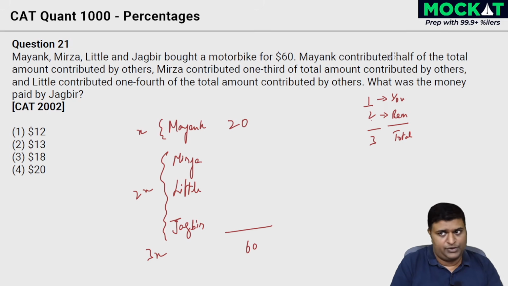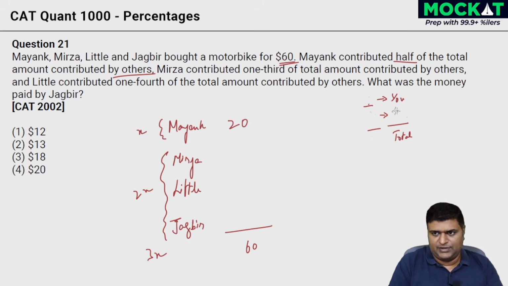Mayank contributed half of the total amount contributed by others. If others contributed 2 parts, Mayank contributed 1 part, the total contribution is 3 parts, which is what is given to us, $60 in grand total over here, right? So using the same logic, what's it going to be for the next person? Mirza contributed 1/3 of the total amount contributed by others, right?